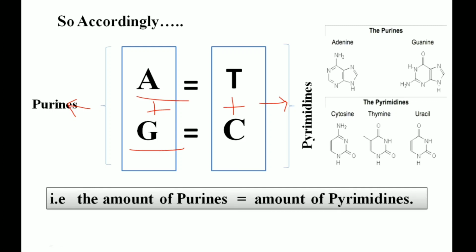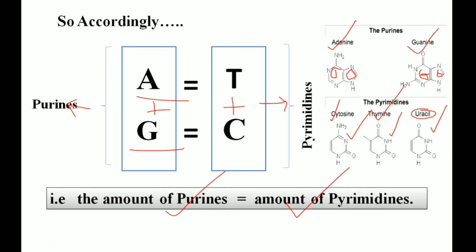Purines have a 2-ring structure, but the pyrimidines don't have 2 rings, they have only one ring, right? Uracil is present in RNA, but all the other nitrogenous bases are present in DNA: adenine, thymine, cytosine and guanine. So this rule says that if A is equal to T and G is equal to C, then A plus G is equal to T plus C. That means the amount of purines is equal to the amount of pyrimidines.